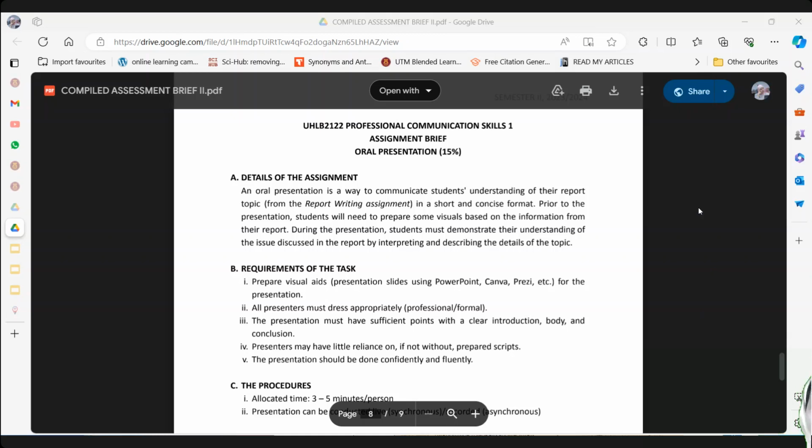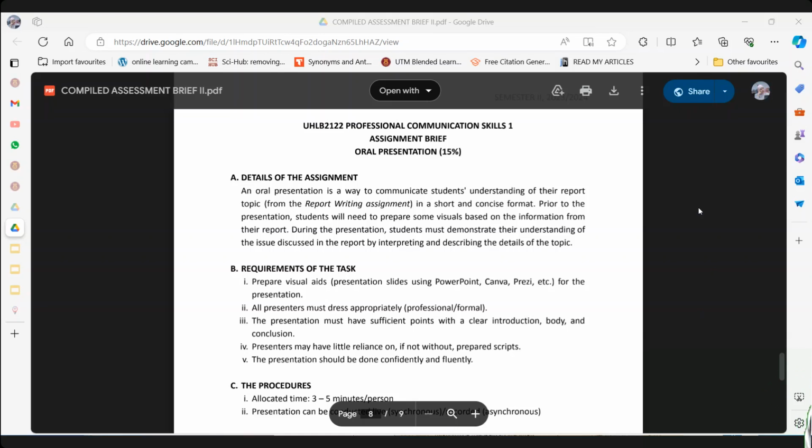If you just read 100% from your visual aids, with no explanation on your own, then you have to understand I will definitely give you very low marks.